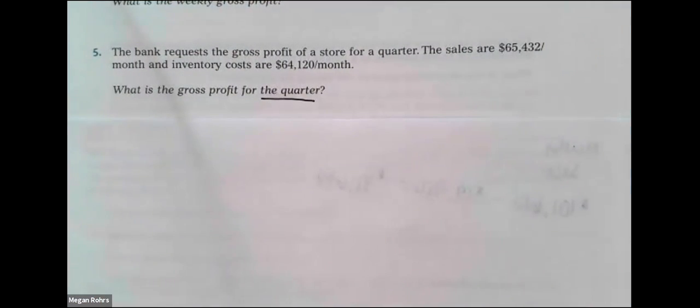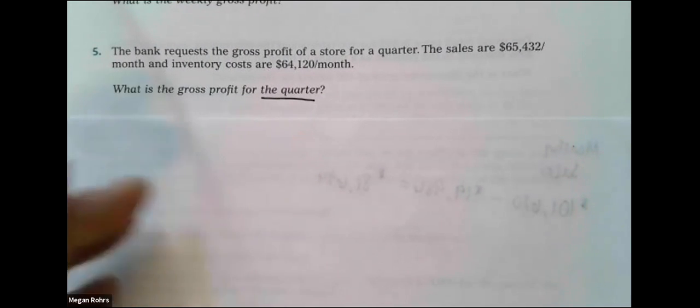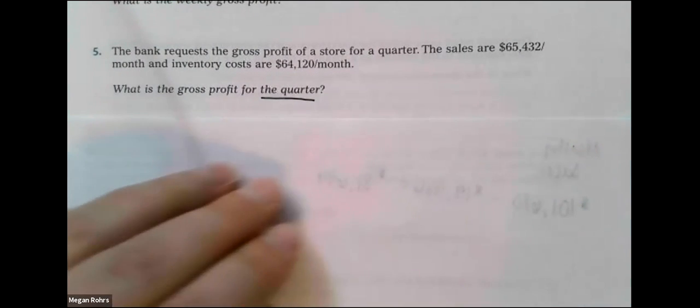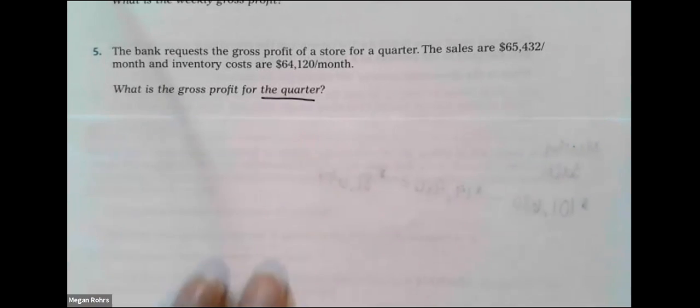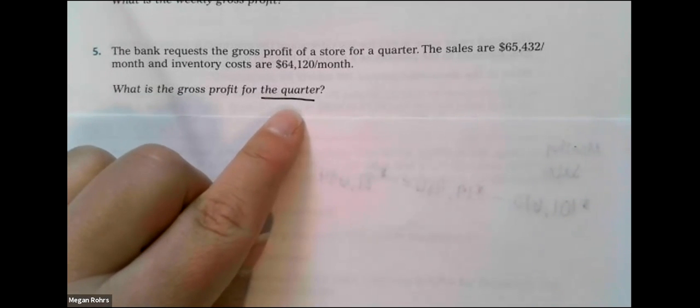So if we think about a year, there are 12 months in a year, and we're looking for the quarter. So if we were to divide 12 by 4, which would give us the year divided into 4 equal parts or quarters, we would have 3 months in each quarter.